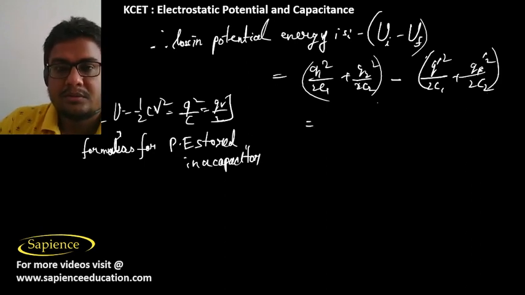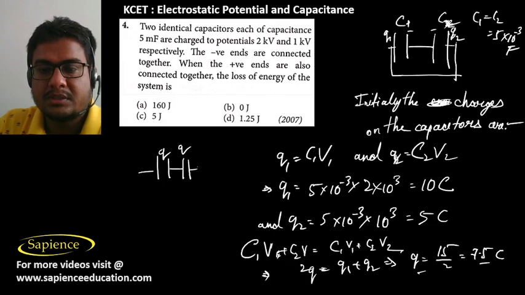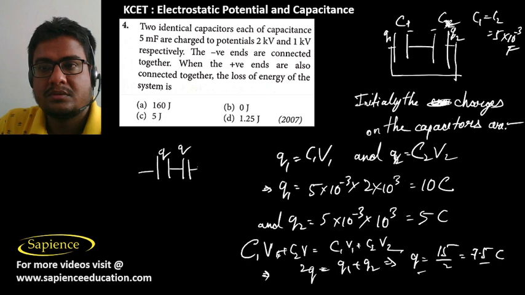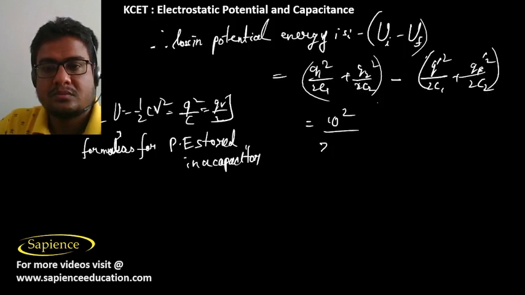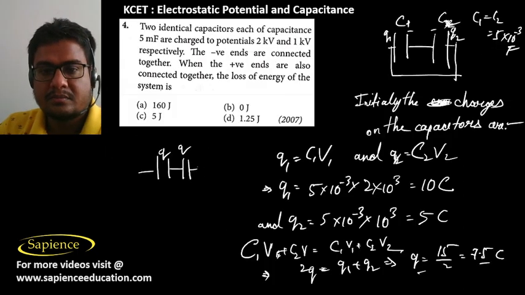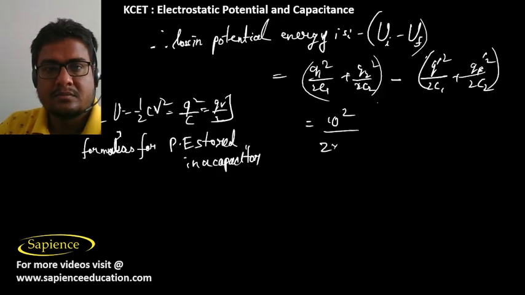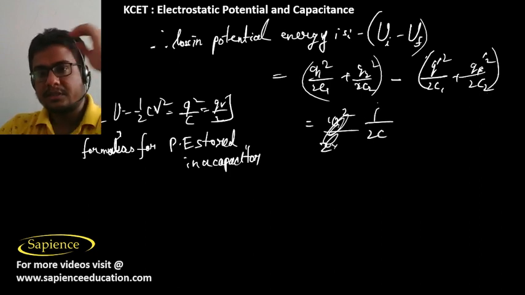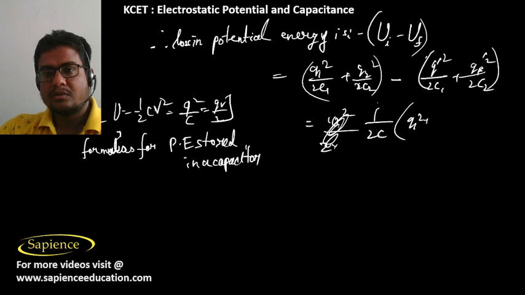This will be q1 square by 2C, since the capacitance is the same. I can take 1 by 2C as common, q1 square plus q2 square minus q dash square.